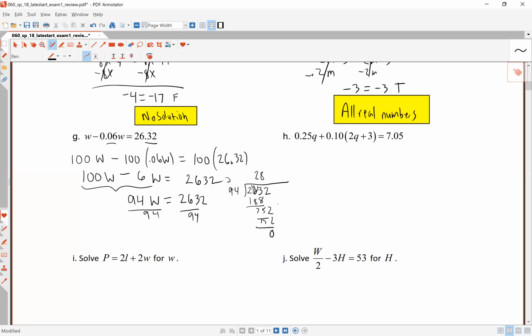Gives me 0. So it's W equals 28. Okay, let me know if you have any questions.